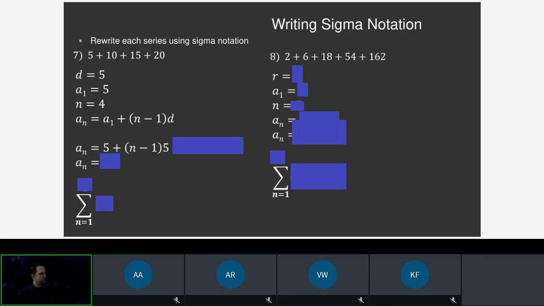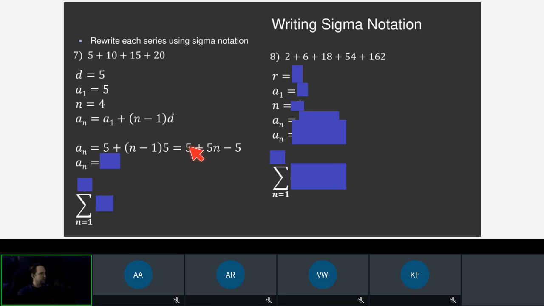All right, so from this step, after plugging in your first term and your common difference, we simplify this. If I get my pointer out, we simplify this. We distribute: 5 times n is 5n. 5 times -1 is -5. So we get 5 plus 5n minus 5.